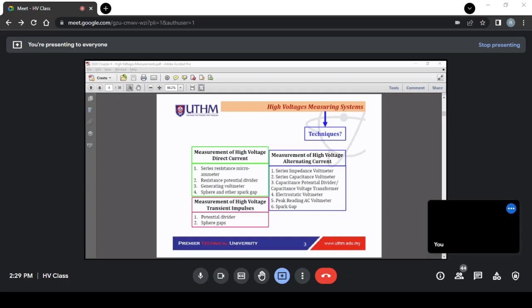It means that if the voltage is 10 kV, we really need to reduce the voltage to, for example, 10 volts. Okay, how can we reduce that? Again, as I mentioned, by using transformers, by using the voltage divider. Then we should be able to measure the voltage level.